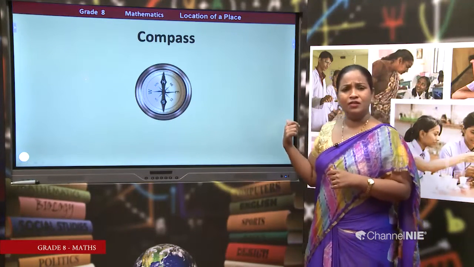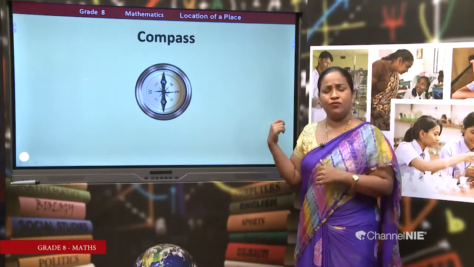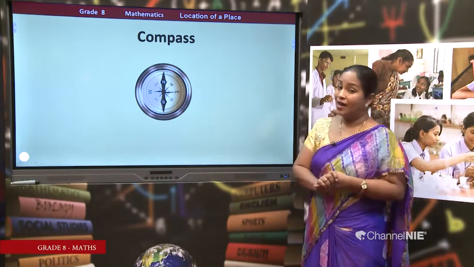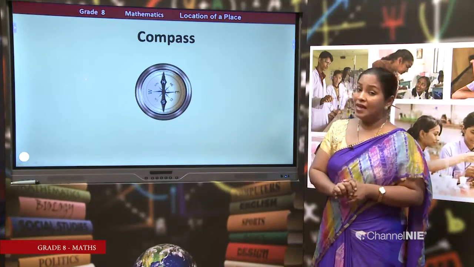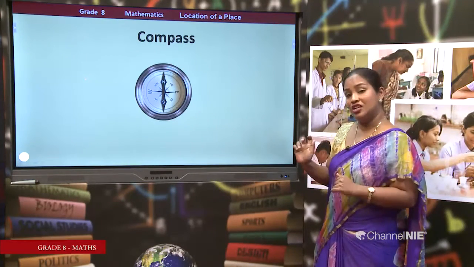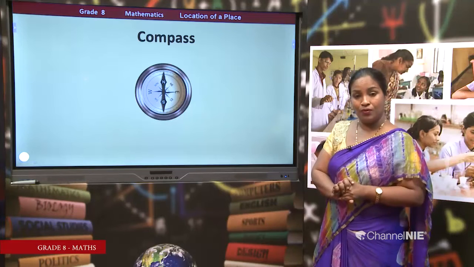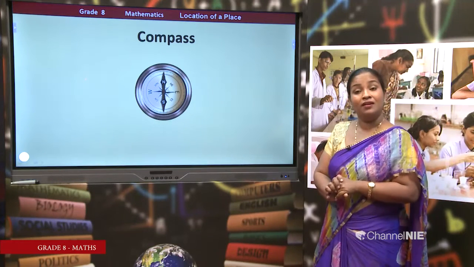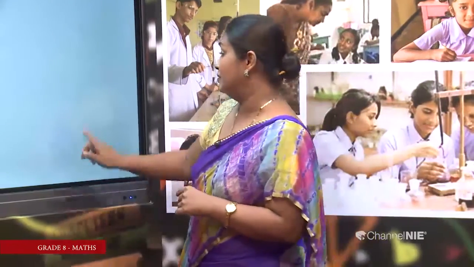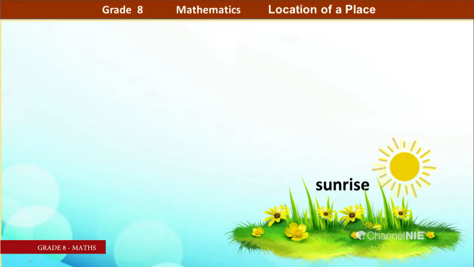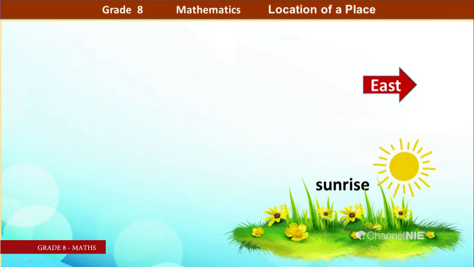Do you need this instrument all the way to find the directions? I don't think so. In the daytime, you can easily find the direction. The behavior of the sun helps us to decide the directions easily. We will see this small animation. The sun rises in the east.